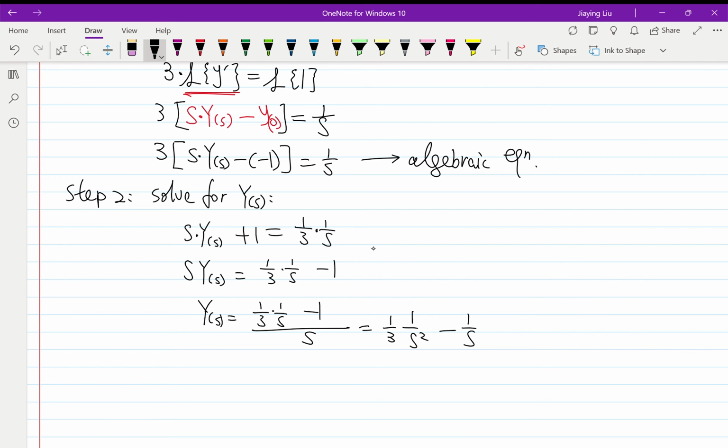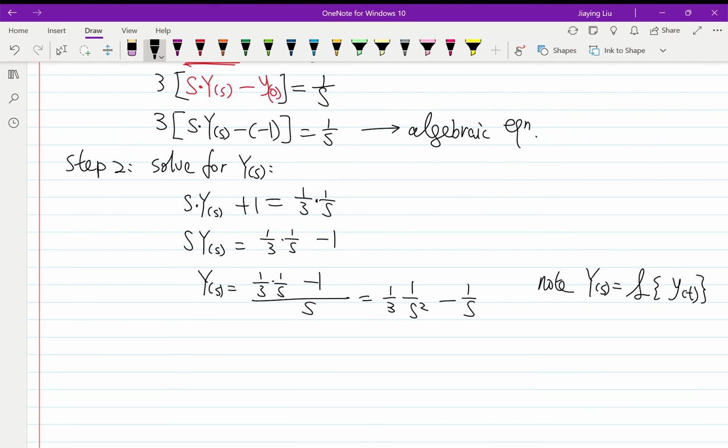Remember that Y of s is equal to the Laplace transform of y of t by definition. But we found the Laplace transform. We have to solve for y of t at the end.